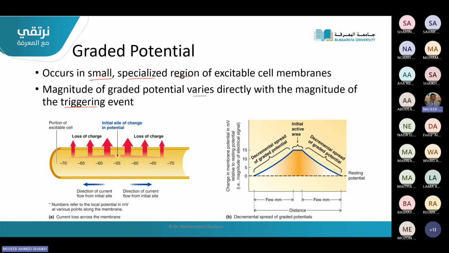So here in the center, if you draw a graph, you will see that more change will be found in the center and less change will be found at the periphery. That's why it will not spread to a large area.